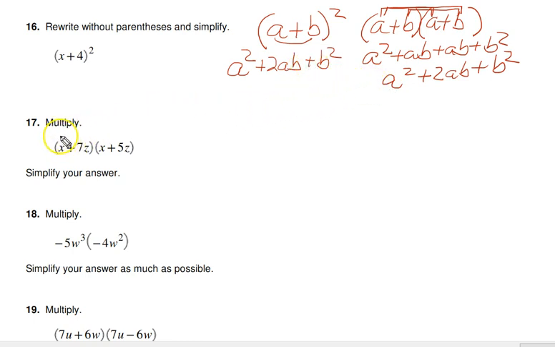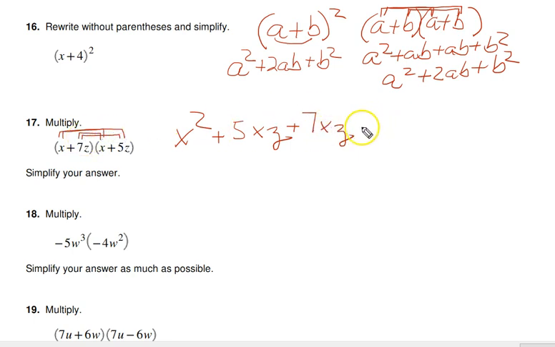Now here we're going to use the FOIL, first terms. Again, you can try it, x squared. Outers, a positive 5xz. Inners, a positive 7xz.